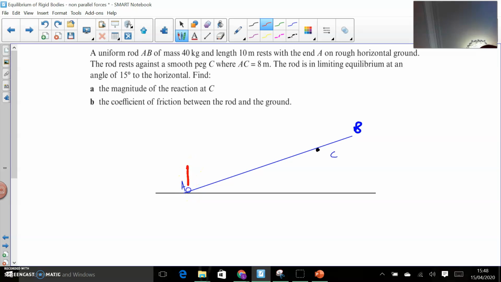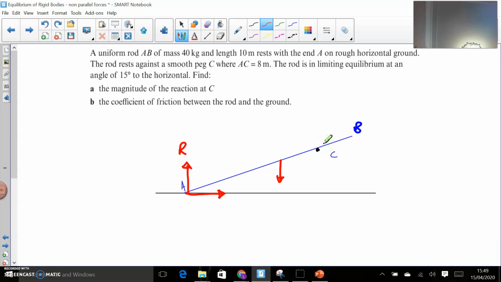Reaction is the normal reaction, and that is vertical at A. We'll call that R. And also we have friction, and friction is in this direction because it is a force that's preventing the end of the rod slipping towards the left, as it would do if the ground was smooth. Then of course you have the weight. Well, we have a uniform rod, so the weight acts at the centre.